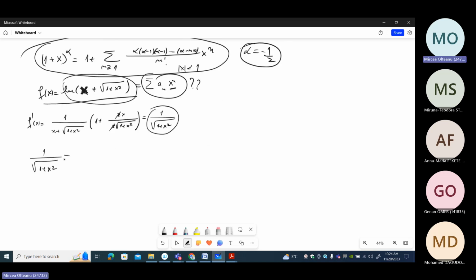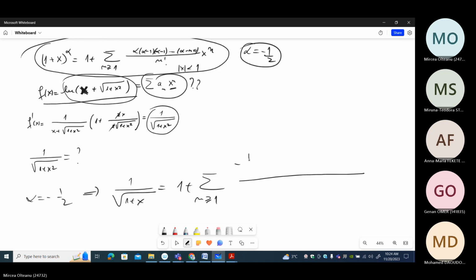Okay, so now we need the power series for this function. So just take alpha equals -1 over 2 in the binomial series. It will give us 1 over square root of 1 plus x equals 1 plus, and here we replace alpha by -1 over 2. If you put instead of alpha -1 over 2, you get -1 over 2 minus n plus 1.